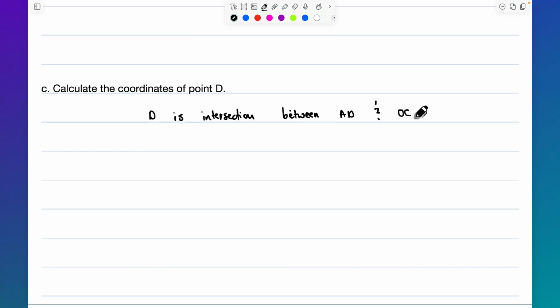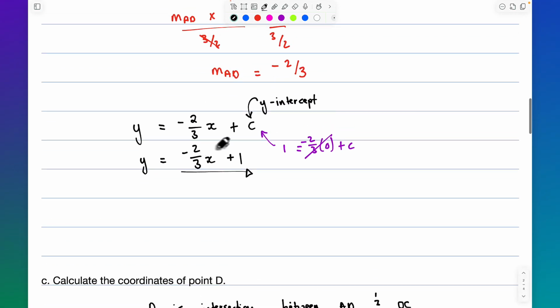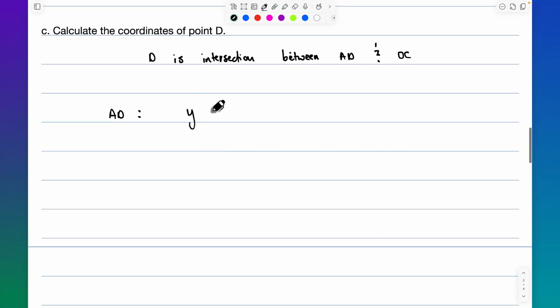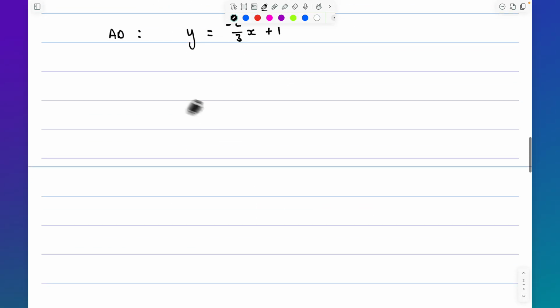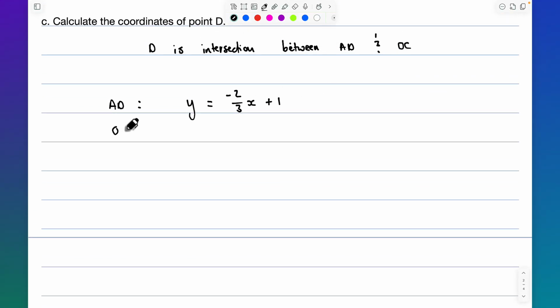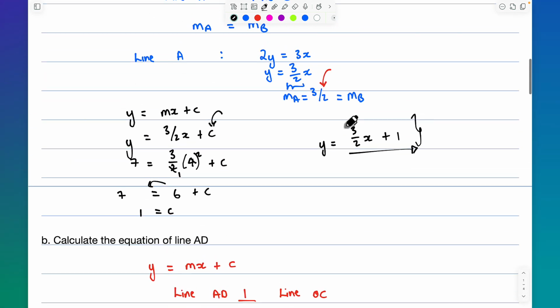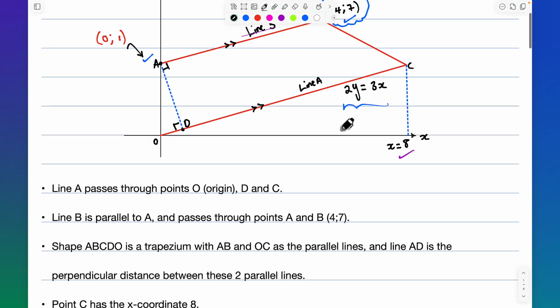We take the two lines that are intersecting. So what's the equation of line AD? We've just calculated that. That's y is equal to negative 2 over 3 x plus 1. And we also have the second line, which is OC. That equation is y is equal to 3x over 2.